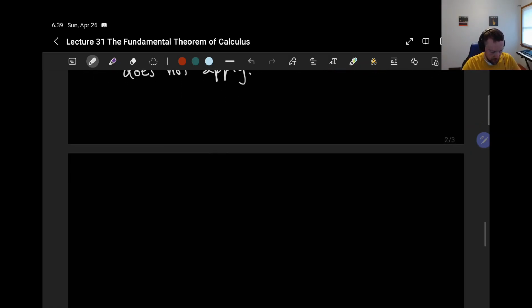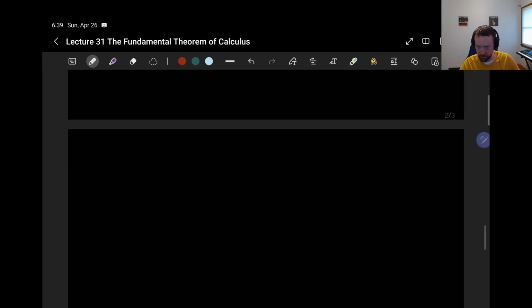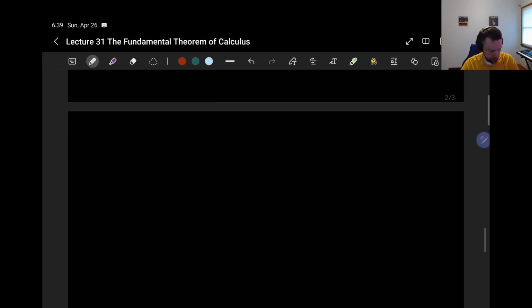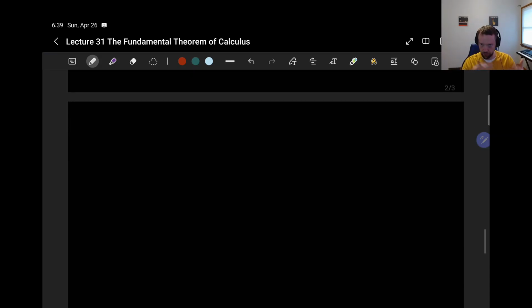All right, let's discuss some properties of definite integrals. We'll see that there's a lot of overlap with indefinite integrals, but with some new twists.